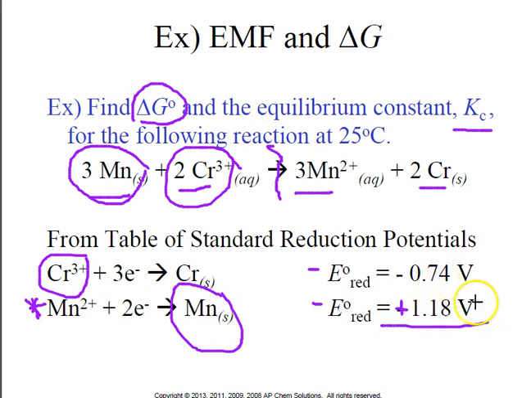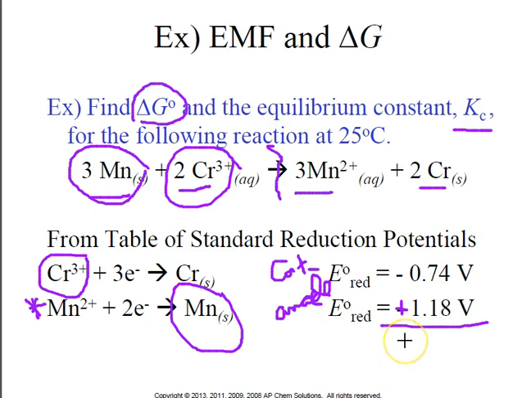Then I'll put those together. So this one that doesn't get flipped is the cathode. The one that does get flipped is your anode. So you can think cathode minus anode, or cathode change the sign on the anode. So change the sign or make it positive or subtract the negative, however you want to think about it.